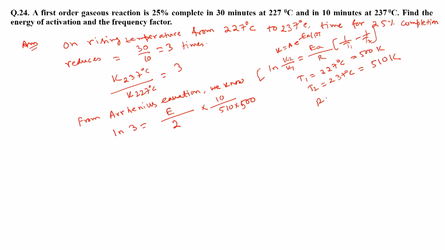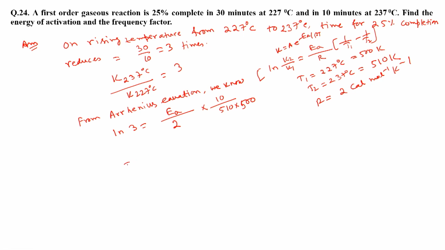The value of R we are using is 2 calorie per mole per Kelvin, and EA is the activation energy.